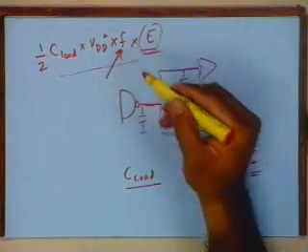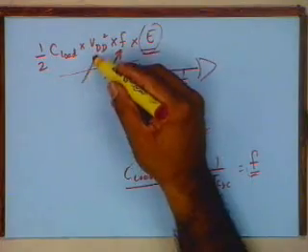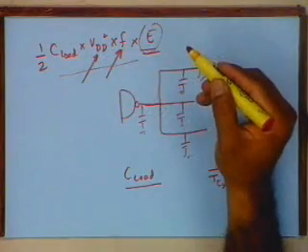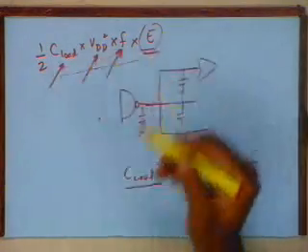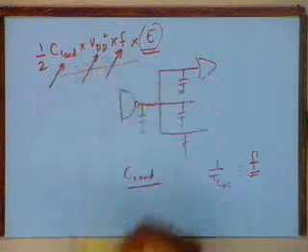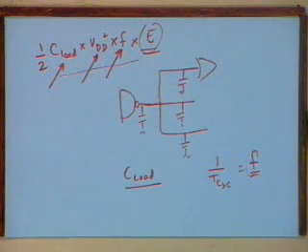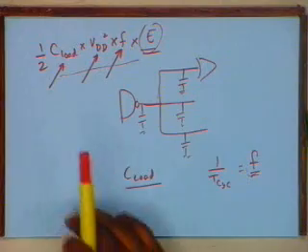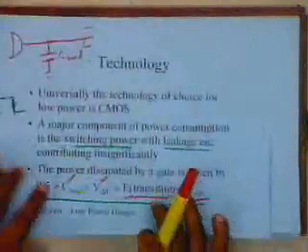So it depends directly upon the frequency, upon the square of the voltage, and directly upon the C load. These are the three parameters, but unfortunately they are not independent, so you cannot decrease one without affecting the other, and we will see that there are some trade-offs that are possible.